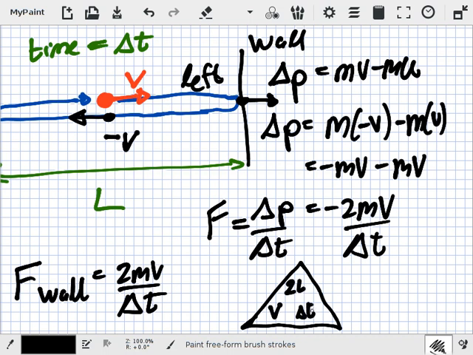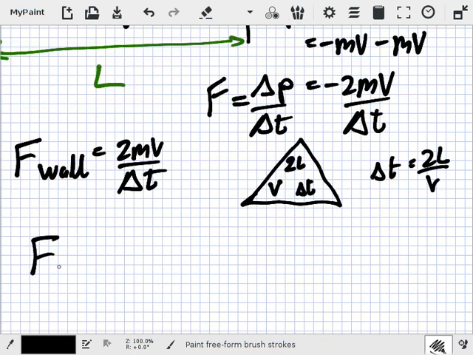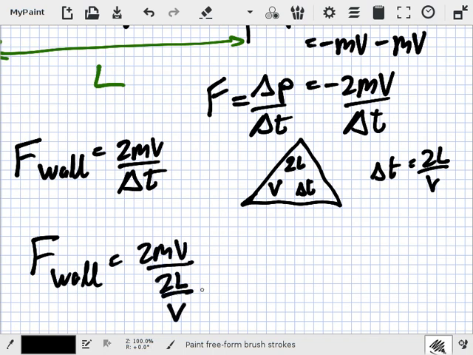So delta t will equal 2L over v. Is that okay? So now you can say the force on the wall is 2mv over 2L over v. So the 2's cancel, and the v comes up to the top. So you have mv squared over L.